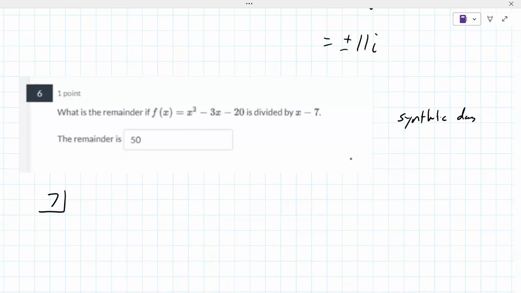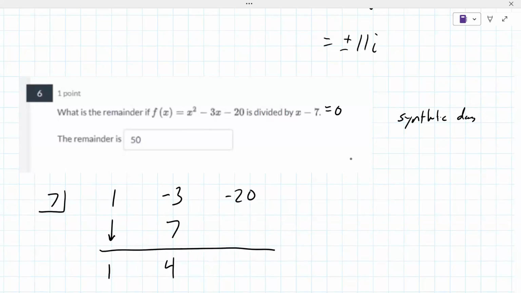The reason it's 7 is whatever x minus 7 equals 0 becomes, and then you write the coefficients like this. Now you bring the 1 down, and then you multiply times 7. 4 times 7 is 28, and then you add.